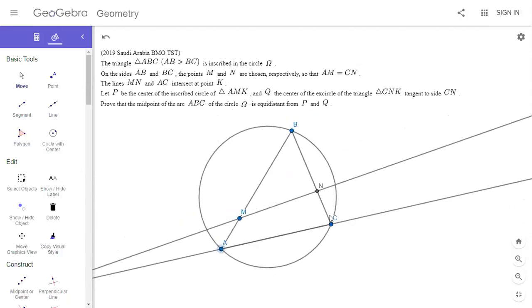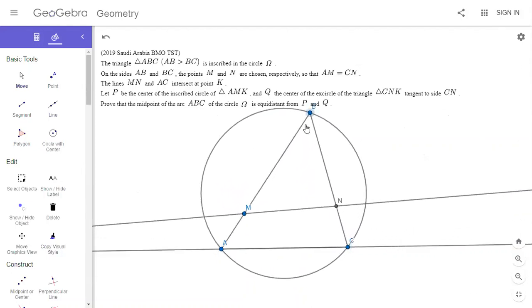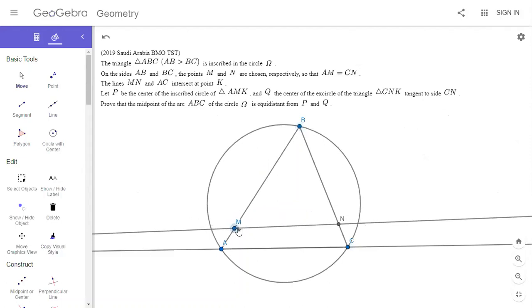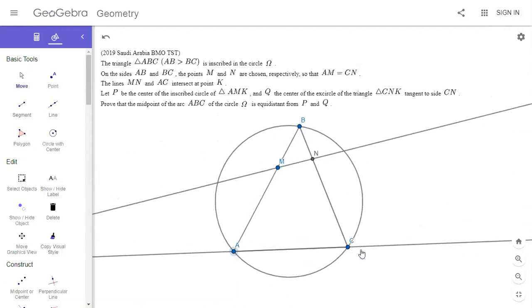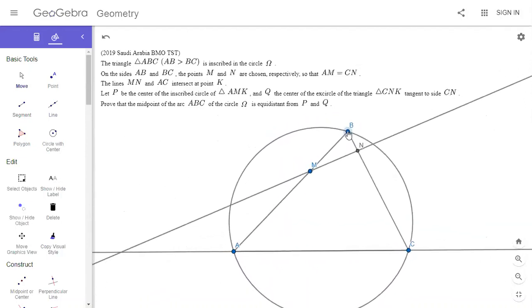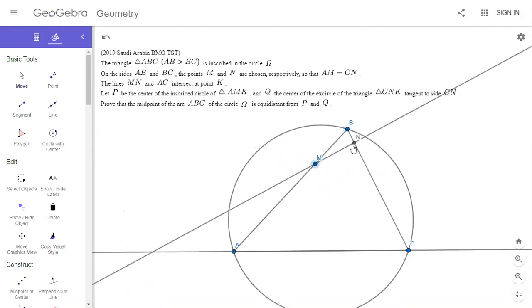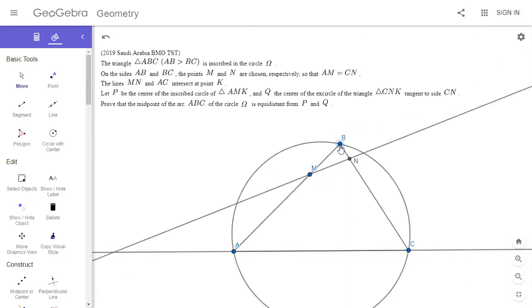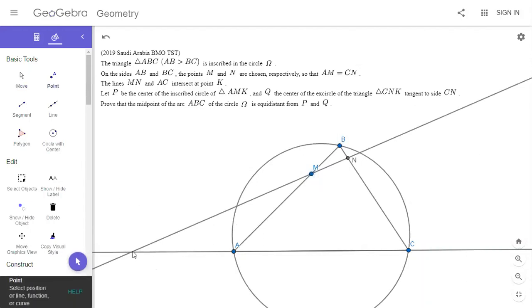Let's see. How do I? This is tricky. How do I want to? Yeah, something like that. Okay, so MN intersects. Let me shrink things a little bit. So here's point K. Whoops.